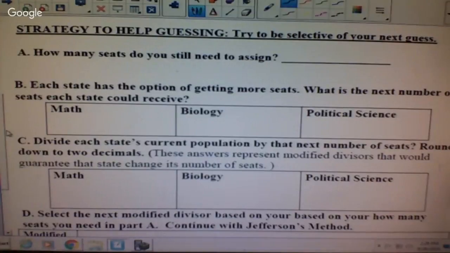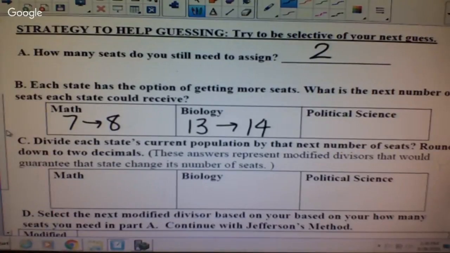So you said we need to assign 2 seats. Again, I don't use this, but this could be helpful for some of you that may like this. Each state has the option to go to their upper quota, correct? Remember, they can do their lower quota or their upper quota, but never any lower or higher. So math could go from 7 to 8. Biology could go from 13 to 14.